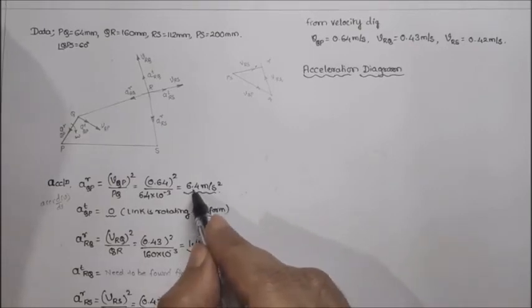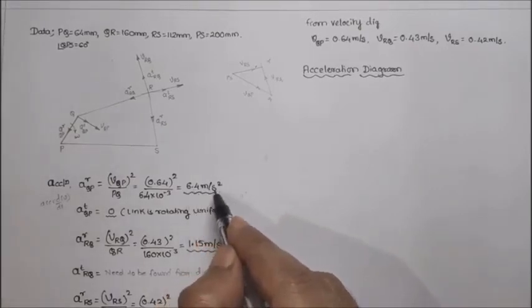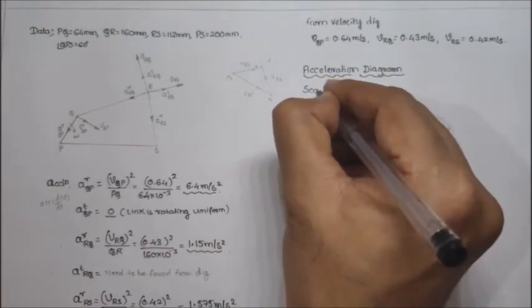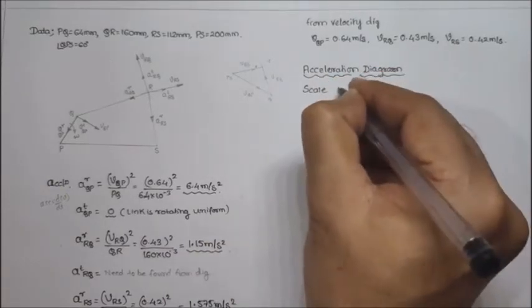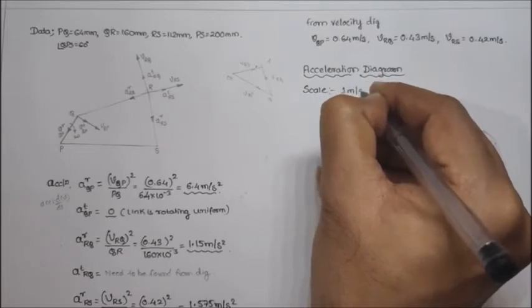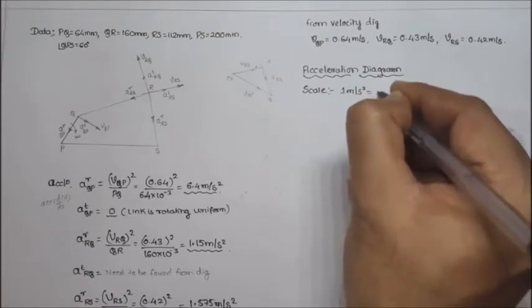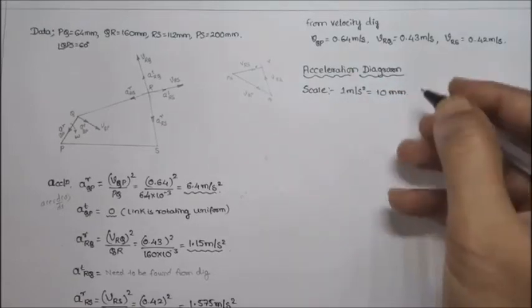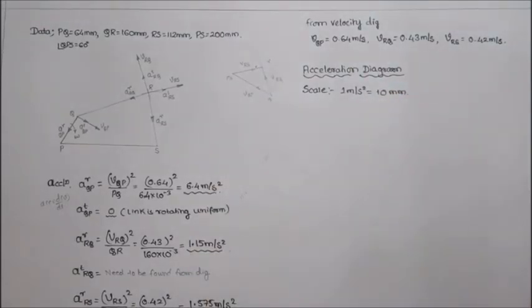So here we have 6.4 meter per second square as the maximum. So we'll take a scale: one meter per second square equal to 10 mm. So using this scale we are going to draw the diagram.